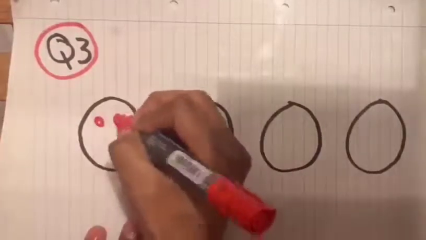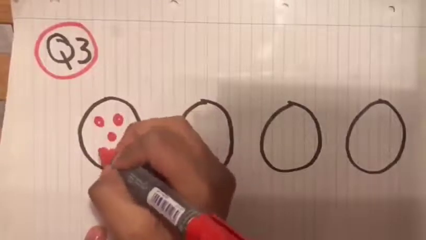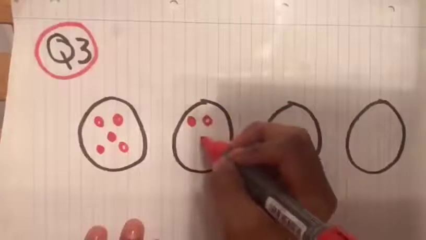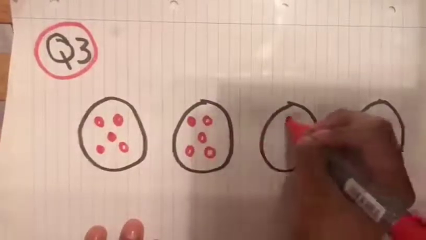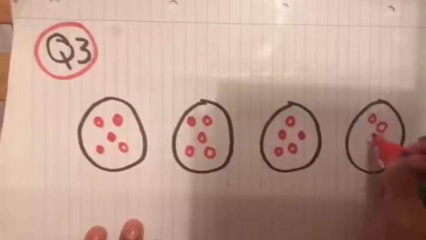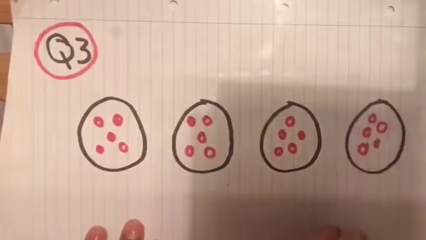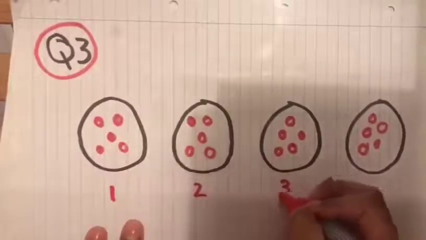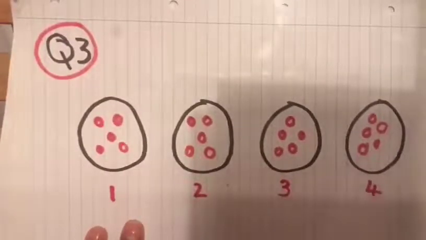So, I can see there's 1, 2, 3, 4, 5 counters in each of my 4 groups. So I could say this is group 1, group 2, group 3, and group 4.